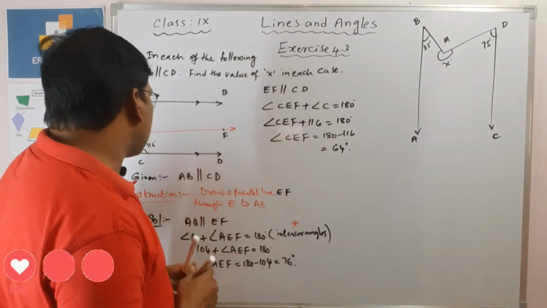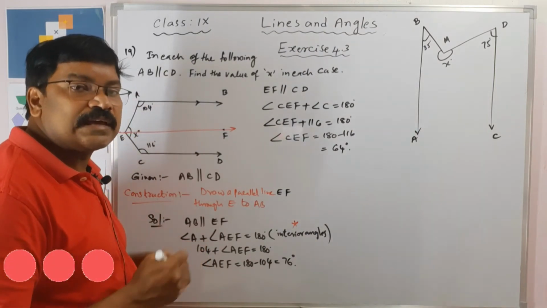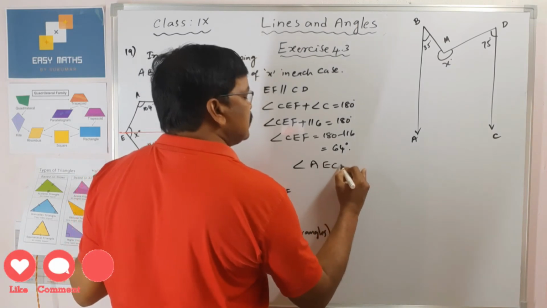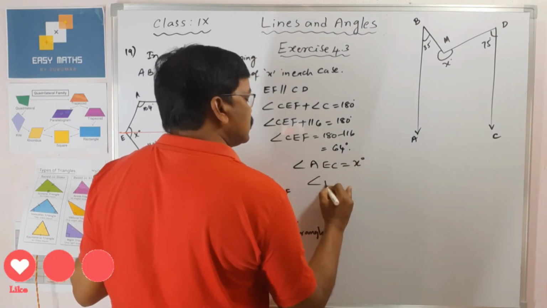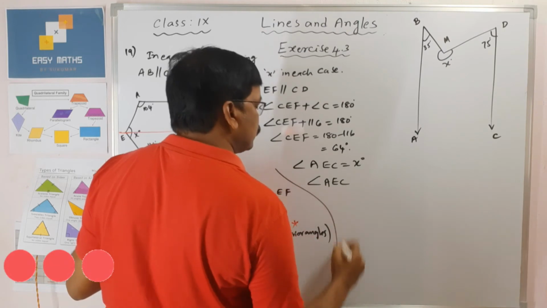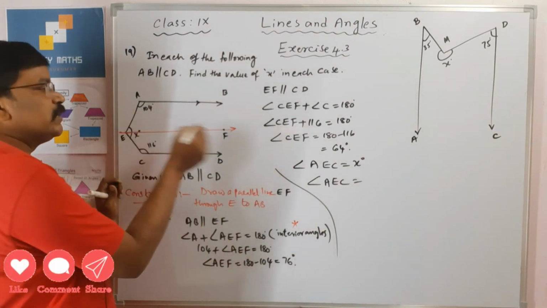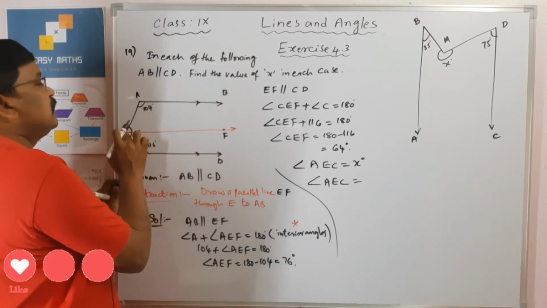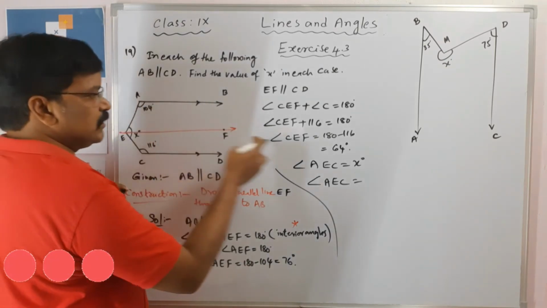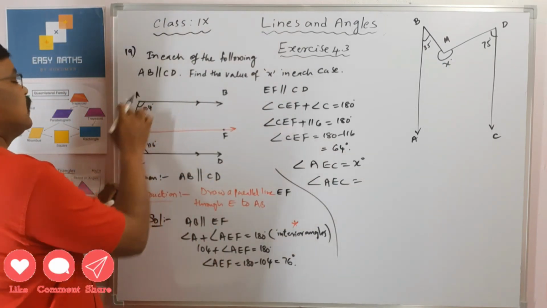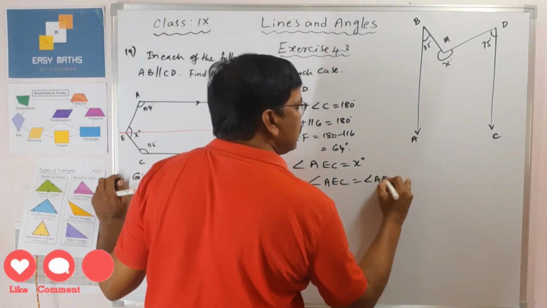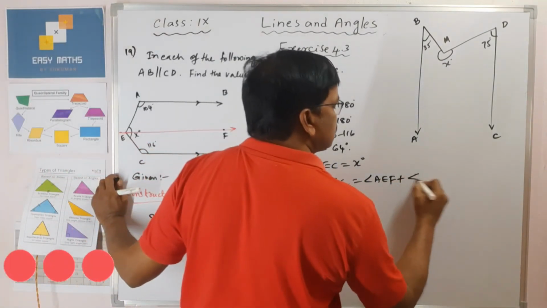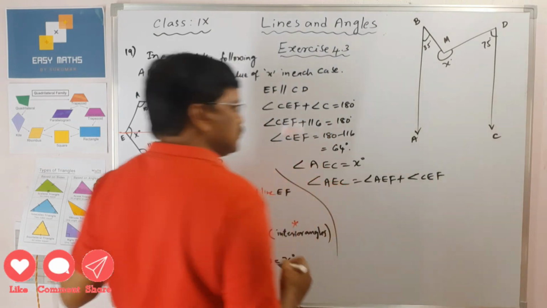Okay, so now what do we have to find here? Angle X, that means angle AEC. So angle AEC is equal to X. This angle AEC, my dear students, is the sum of the two angles: angle AEF plus angle CEF.